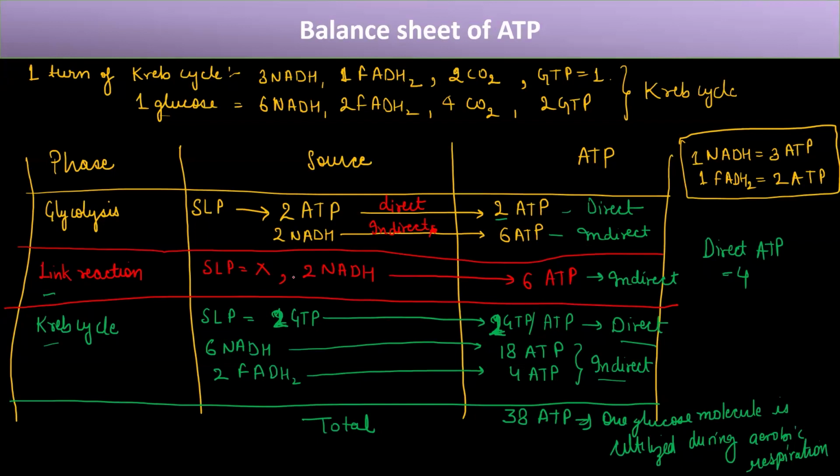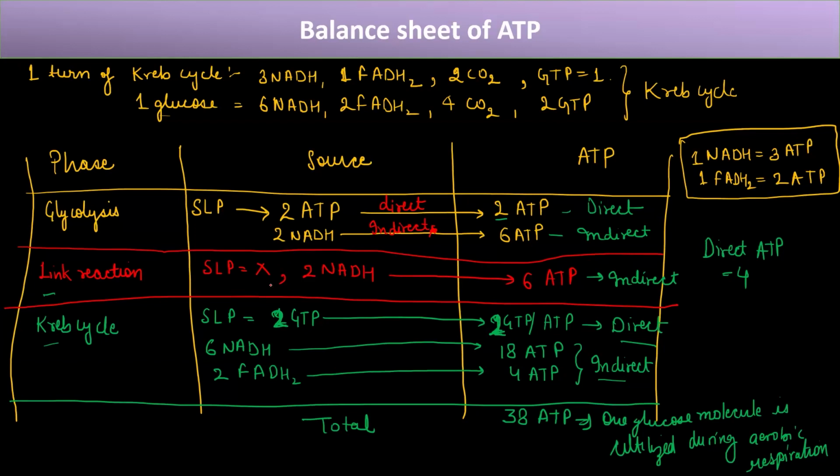Apart from this, in this balance sheet, we saw that there are other sources of ATP production known as NADH and FADH2. And these NADH and FADH2 do not participate in ATP production directly. What I mean is that they do not get converted into ATP, but they do something that leads to the formation of ATP.